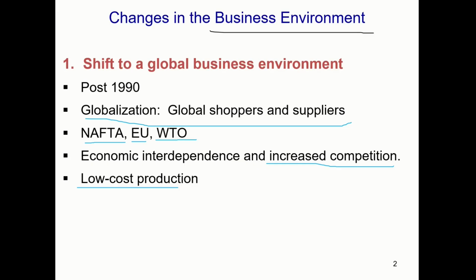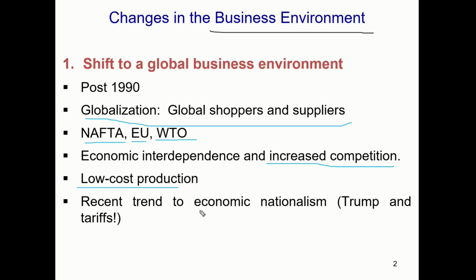Now, bear in mind, this is what's been happening for the past 30 years, but we have to be careful about the recent trend. If you follow the news, there is more of a trend now toward economic nationalization. The most recent news is President Trump imposing tariffs on Chinese products, and the Chinese also counter-reacted and imposed tariffs on 128 products that we're selling.